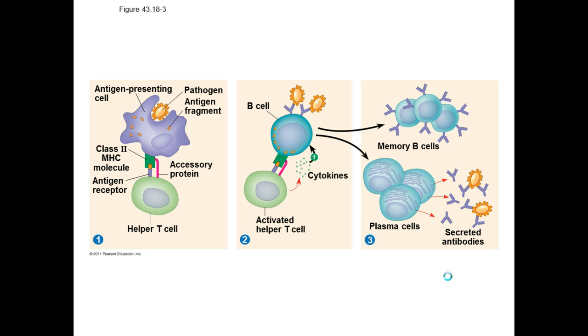That will cause a signal from the activated helper T cell. So once it matches here with the B cell, it will release that signal. That signal will cause that B cell to differentiate into two types of cell: plasma cells that will produce antibodies, and memory B cells that will record that pathogen in its memory.